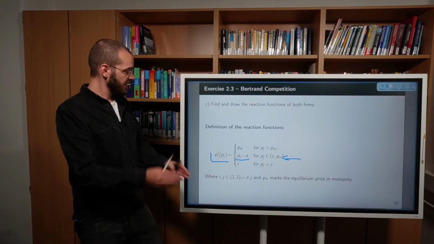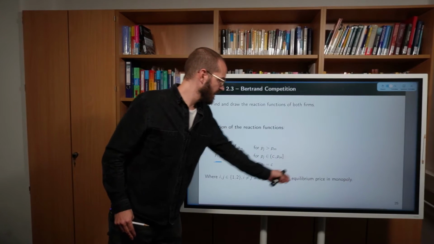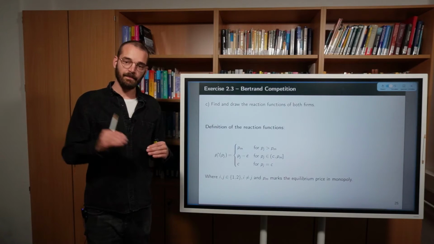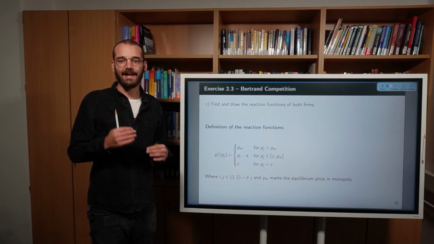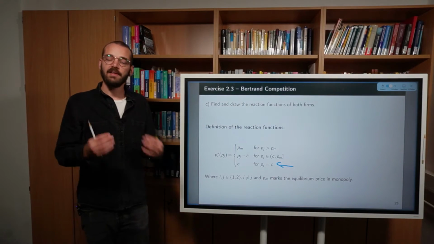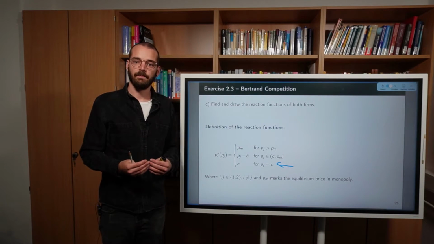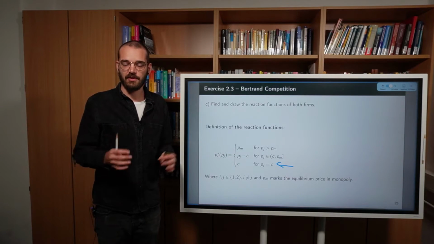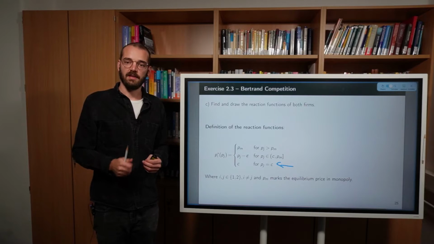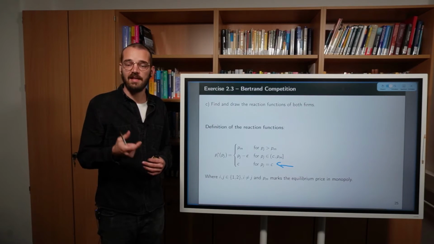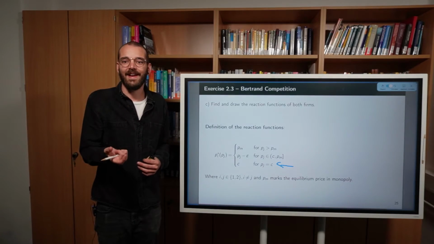And I already indicated on the previous slide as well that this marginal undercutting logic can only happen until the price reaches marginal costs, because undercutting the marginal costs would yield negative profits. Just think of this scenario where the price is lower than the marginal cost. Well, that would mean that with every single good you sell, you make a negative margin.